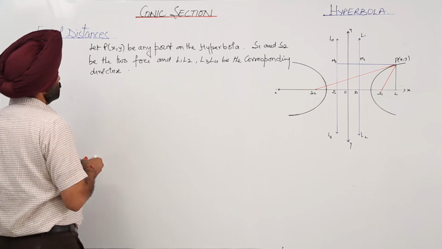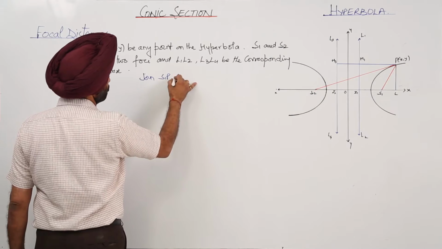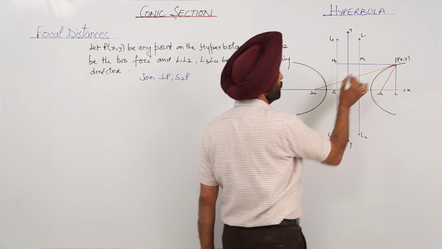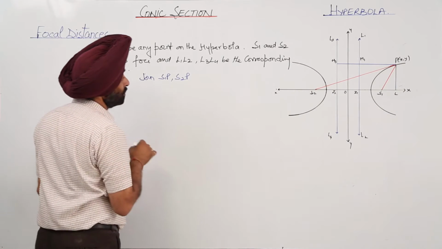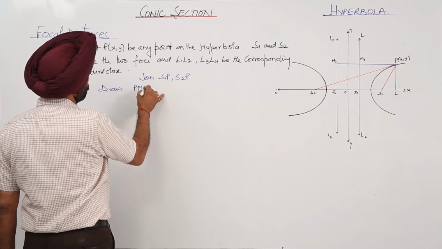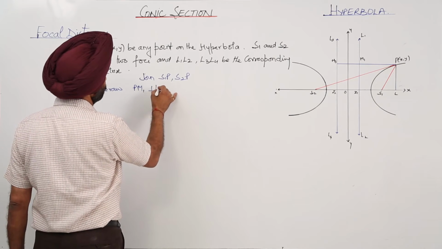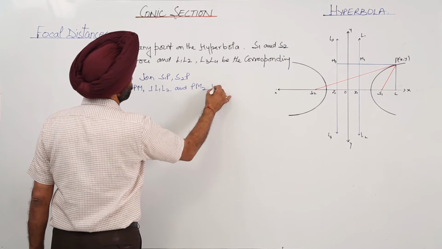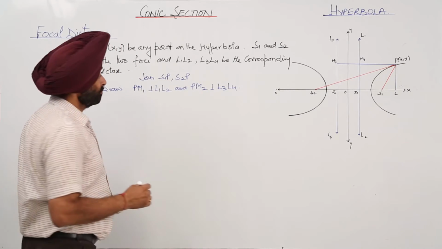Now join S1P and S2P. Then draw PM1 perpendicular on L1, L2 and PM2 perpendicular on L3, L4, on the two directrix.